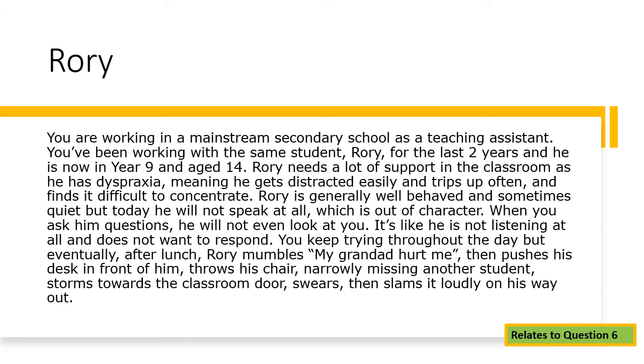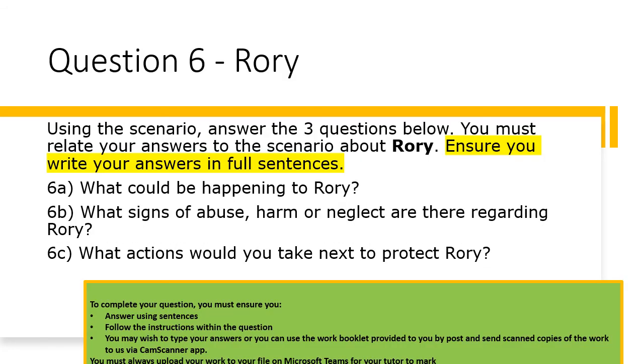You keep trying throughout the day, but eventually, after lunch, Rory mumbles, "My granddad hurt me." He then pushes his desk in front of him, throws his chair, narrowly missing another student, storms towards the classroom door, swears, then slams it loudly on his way out. So using Rory's story, you now need to answer the 3 questions.